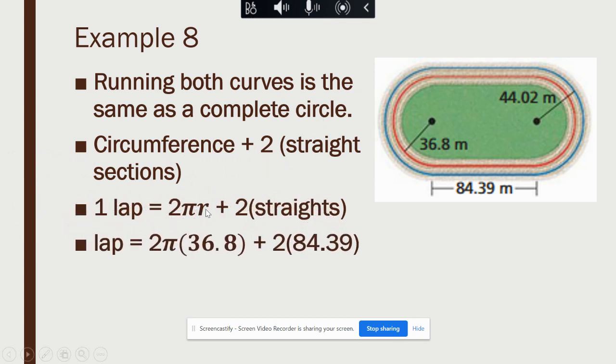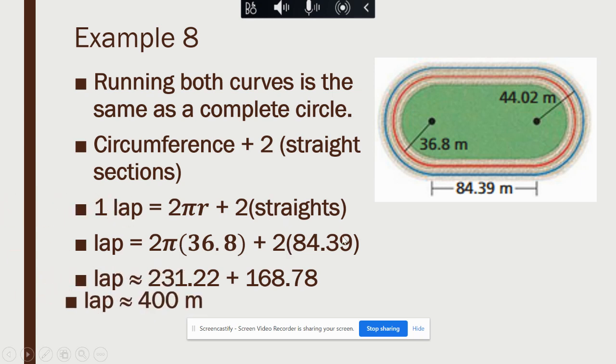So 2 pi radius, where the radius of our inside track was the 36.8. My 2 straights was 84.39. So multiply 2 pi, you can put all of this in your calculator together at one time, or you can multiply them separately.